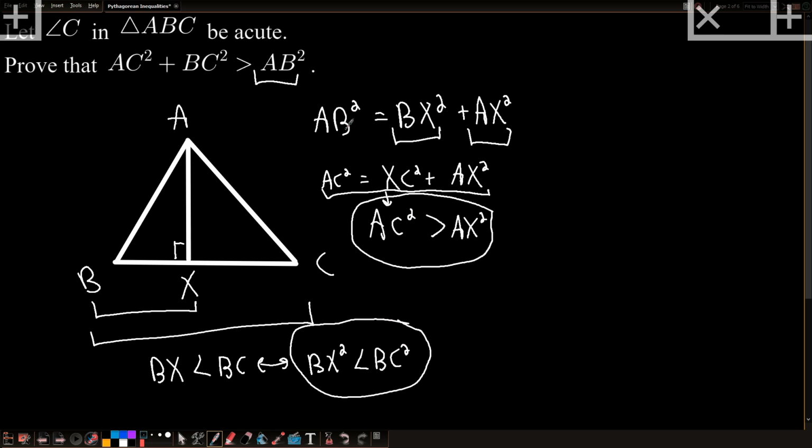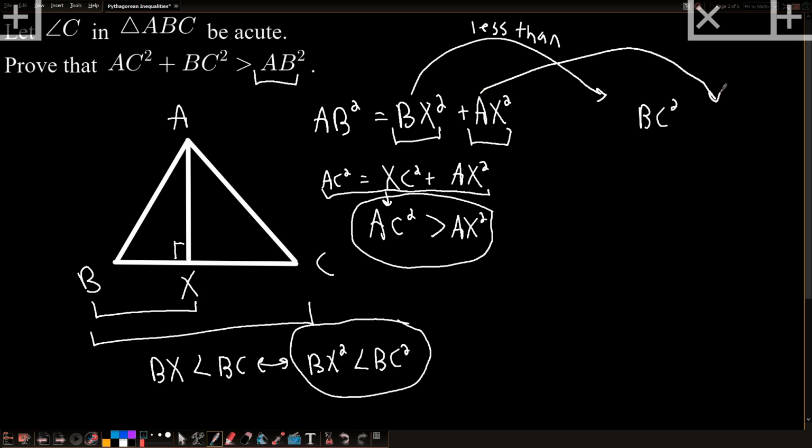Well, AB squared is equal to BX squared plus AX squared, and BX squared is less than BC squared, and AX squared is less than AC squared.